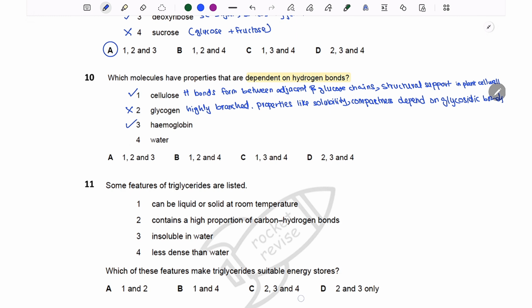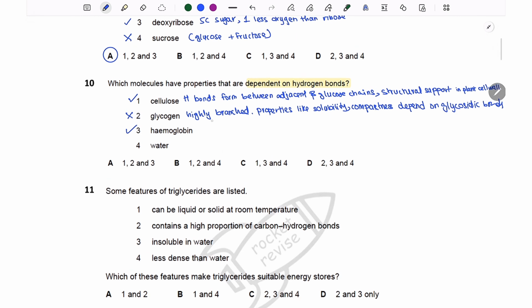Yes, because hemoglobin is a globular protein, and the secondary and the quaternary structure is stabilized by these hydrogen bonds.